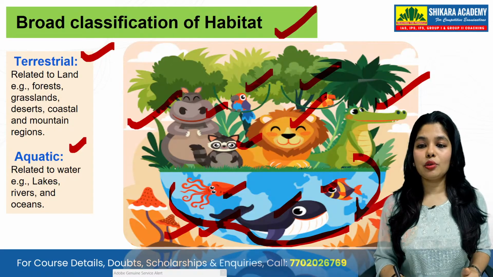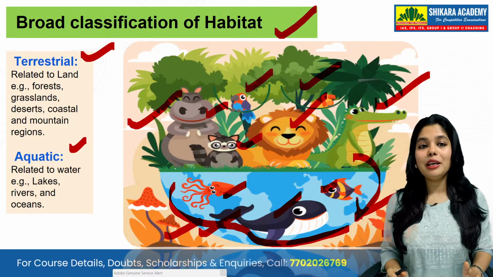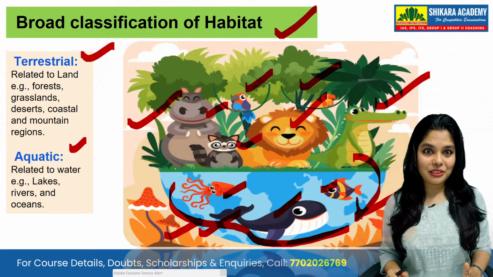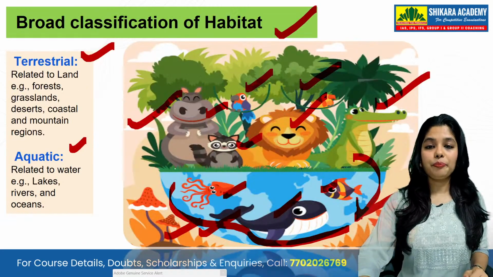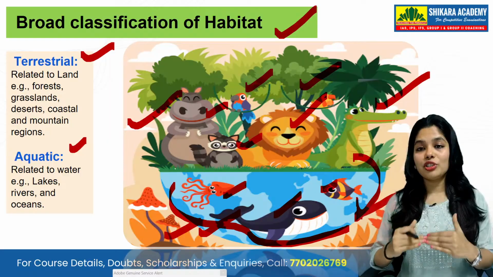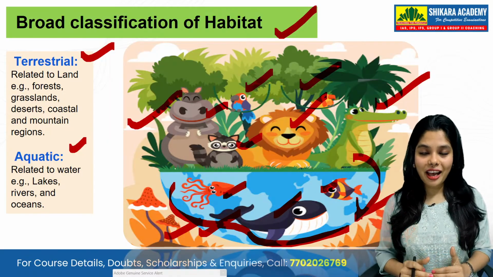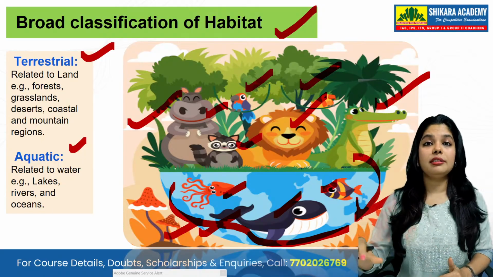And then plants also, there will be a lot of marine plantation also happening. So based on the classification of habitat, we have two kinds of habitats. One is your terrestrial habitat, which is on the land, and the other is your aquatic habitat, which is in the water.